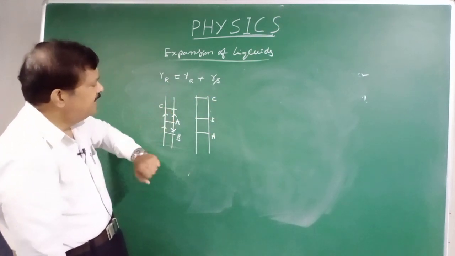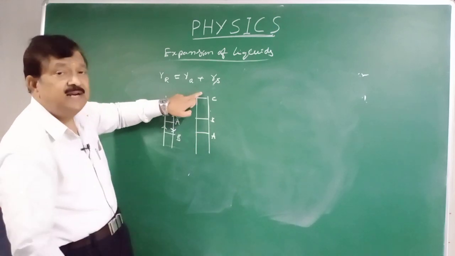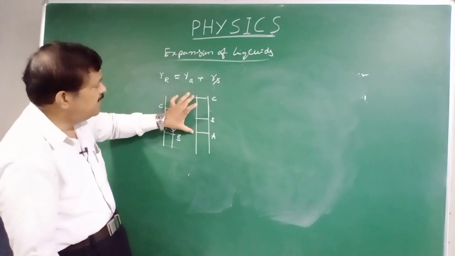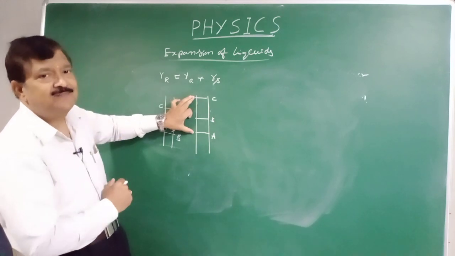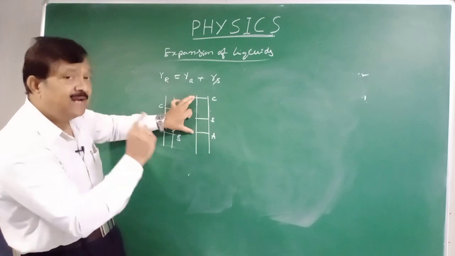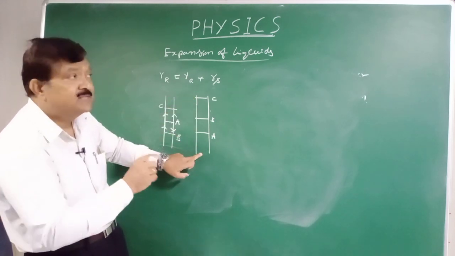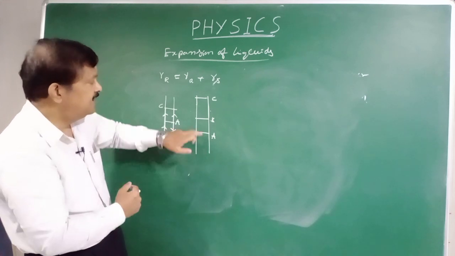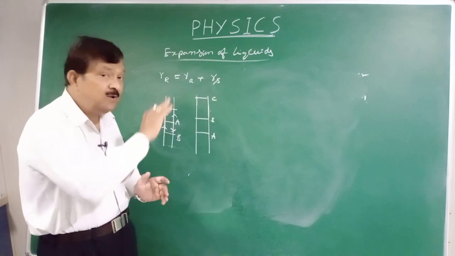So what is happening? Initially the liquid level is at A, and finally the liquid level is at C. So AC corresponds to the apparent expansion. But practically what happened? Because the container is contracting, as the temperature of the container is increased, the liquid level is increased from A to B without increasing the volume of the liquid.